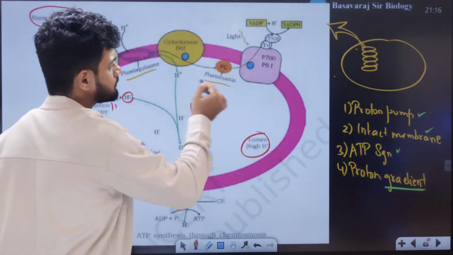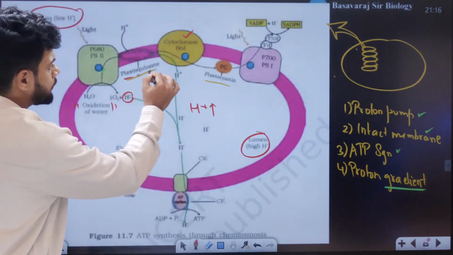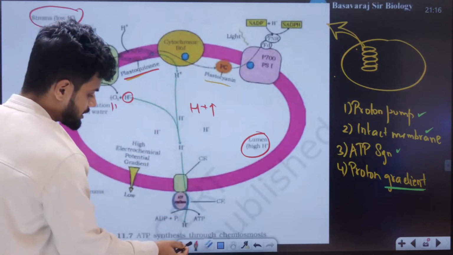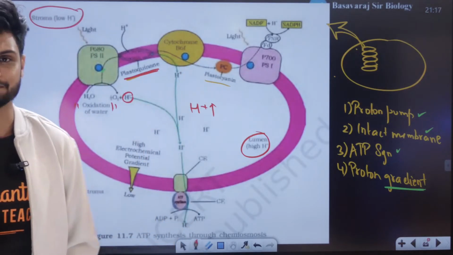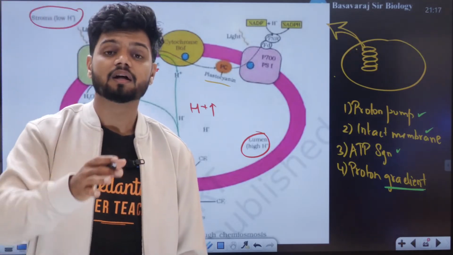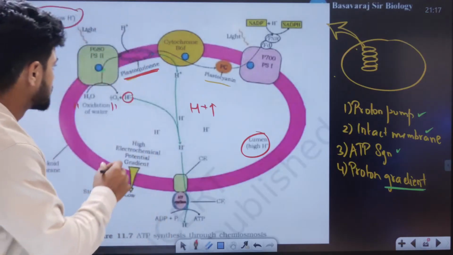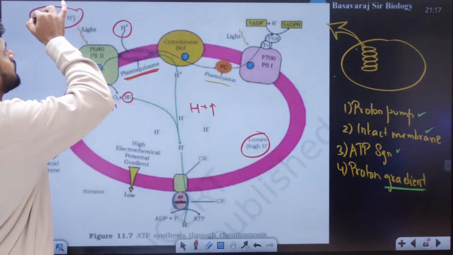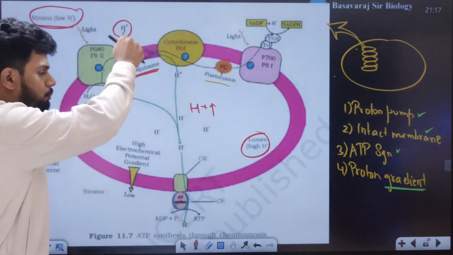Now the second one. This structure right here, plastoquinone. This plastoquinone is not only an electron carrier, it is actually a hydrogen carrier. This particular plastoquinone can pull one proton from the stroma and pull it inside the lumen.